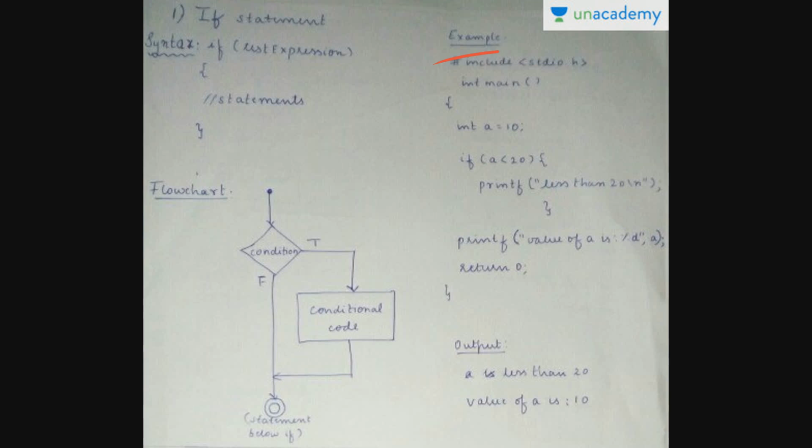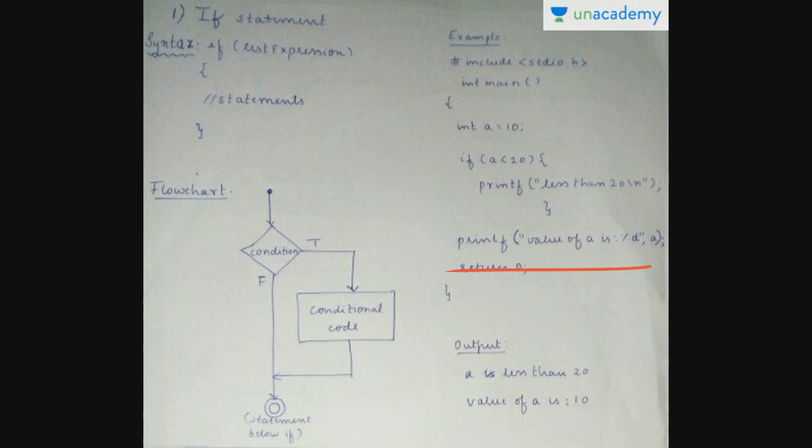Here what's happening is we have declared A as 10. The condition we are checking is if A is less than 20. If A is less than 20, then print that it is less than 20. Else printf value of A is %d.